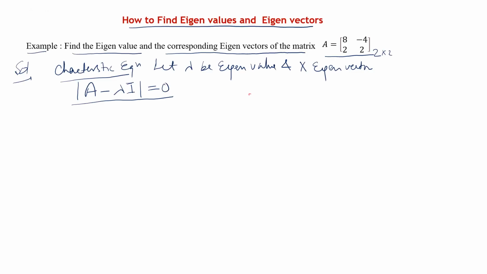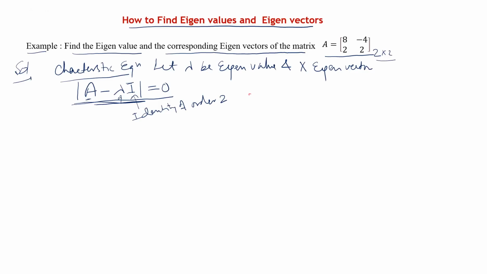First we write the matrix in that form. We are given a matrix A, that is 8 2, and this is the lambda, which is the eigenvalue, and this I is an identity matrix of order 2, because the given matrix is of order 2.